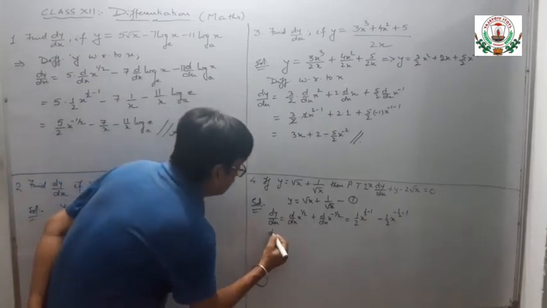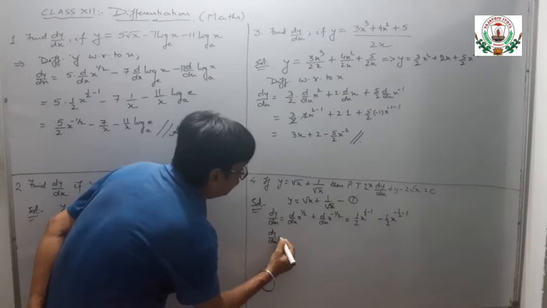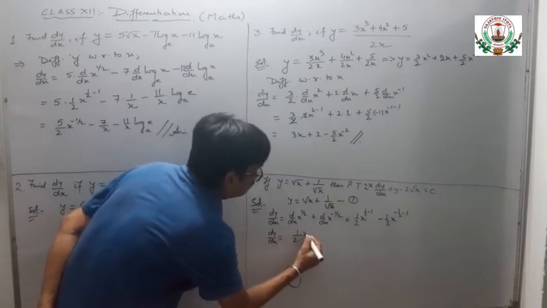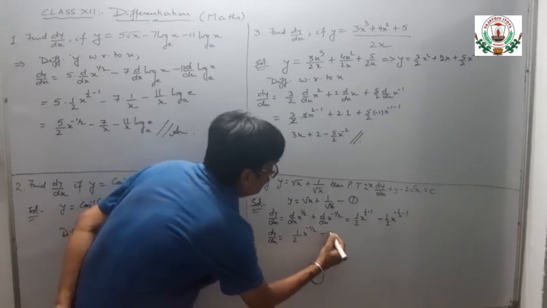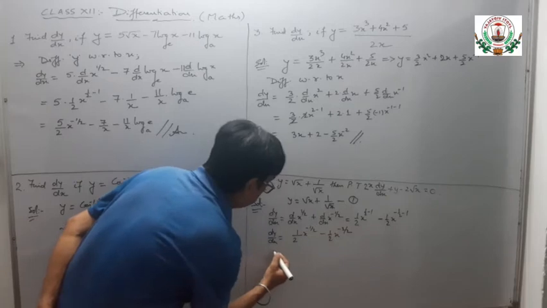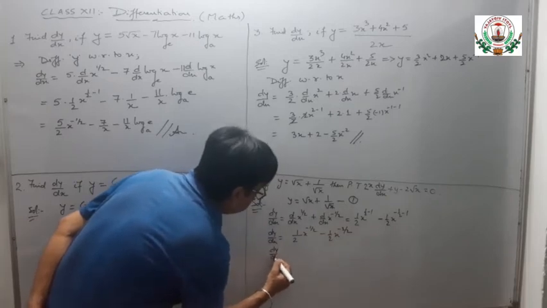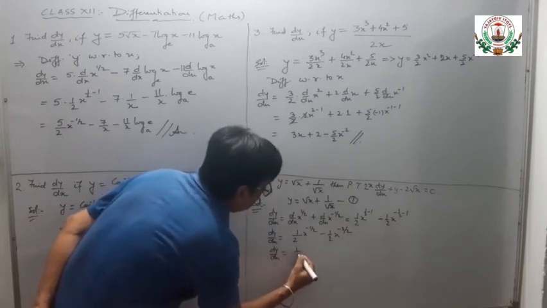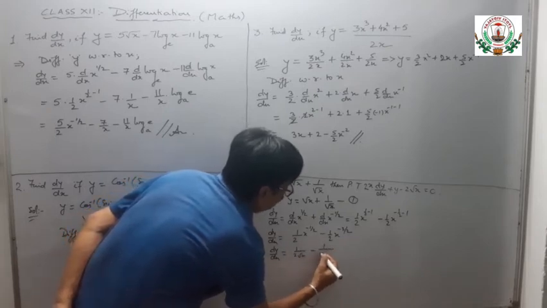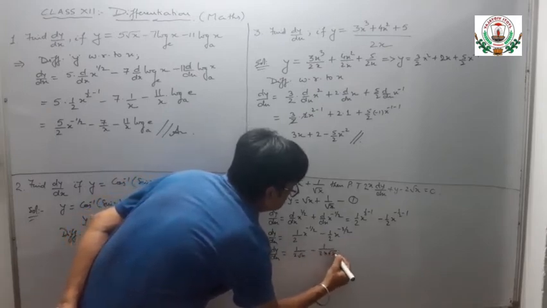Now dy by dx will be equal to 1 upon 2 x to the power minus 1 by 2 minus 1 by 2 x to the power minus 3 by 2. So dy by dx will be equal to 1 by 2 root x minus 1 by 2 x root x.